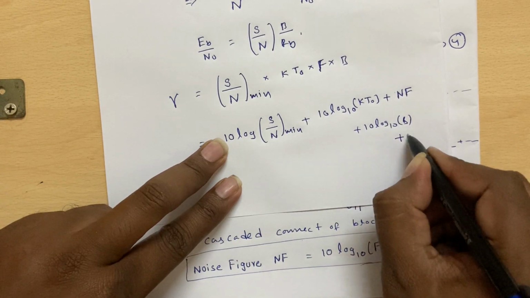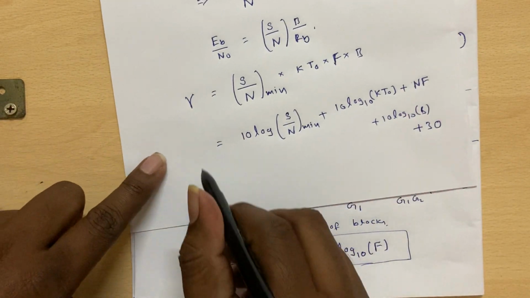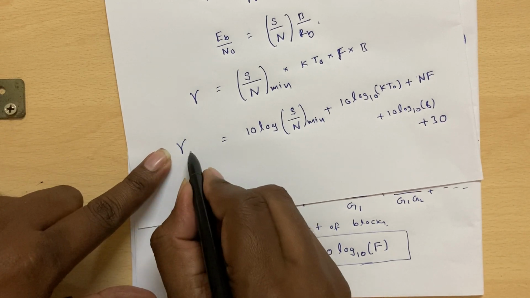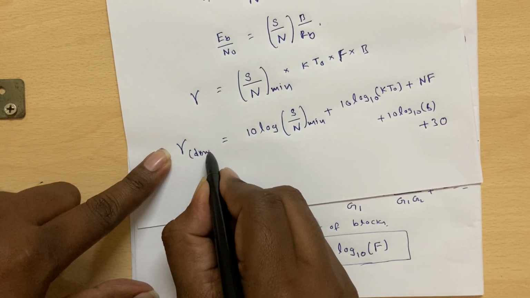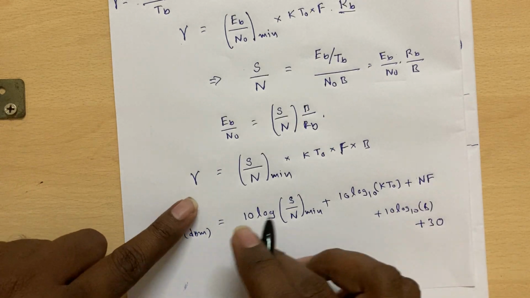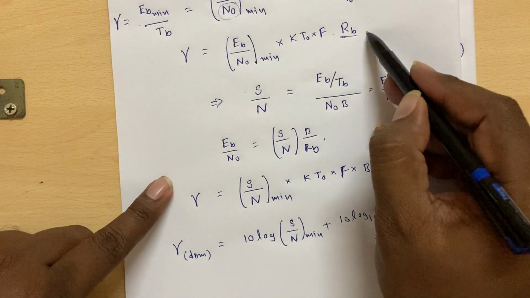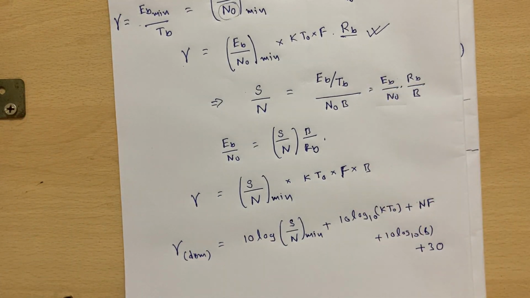And if you add 30 to it, it will be the receiver sensitivity in dBm. So you can similarly write a similar kind of dB equation in terms of the minimum requirement of Eb by N naught.